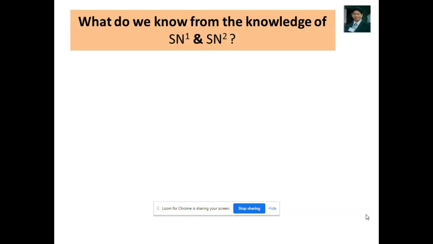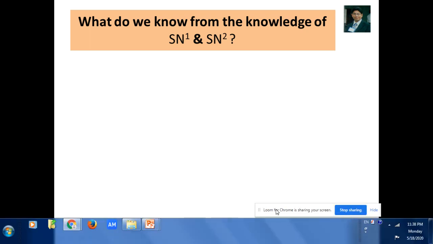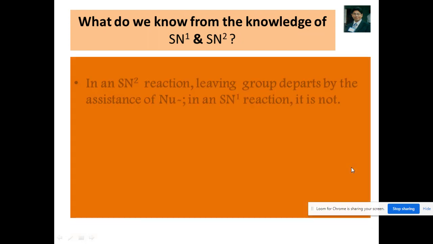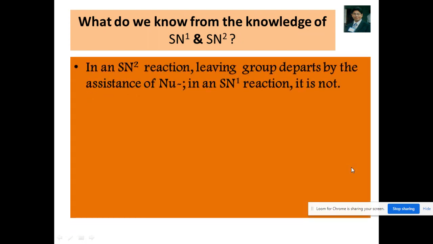Before discussing this topic, I will go through a question. What do we know from the knowledge of SN1 and SN2 reactions? Number one, in an SN2 reaction, the leaving group departs with the assistance of the nucleophile, and in an SN1 reaction, it does not.